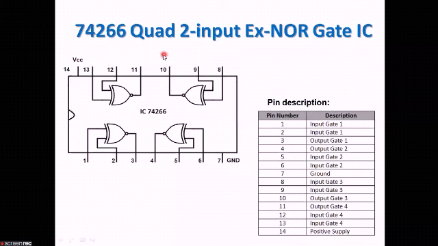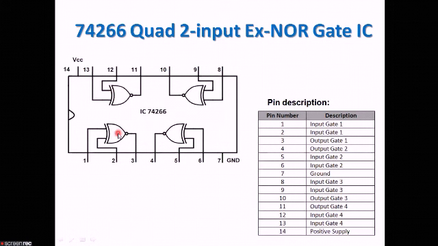Next we are moving to the 74266 quad 2 input XNOR gate IC. We will be seeing the pin description and the pin configuration of IC 74266, which is a quad 2 input XNOR gate, where these are the symbols of the XNOR gate.